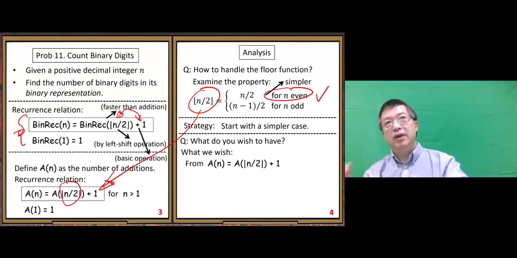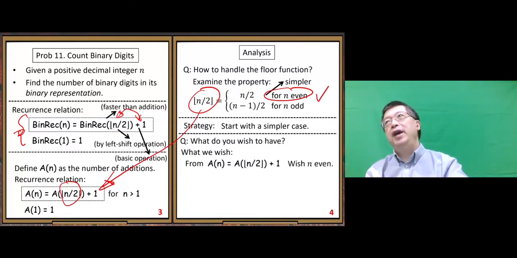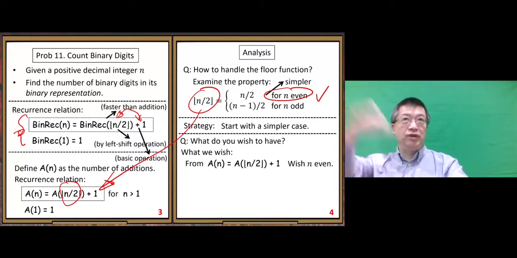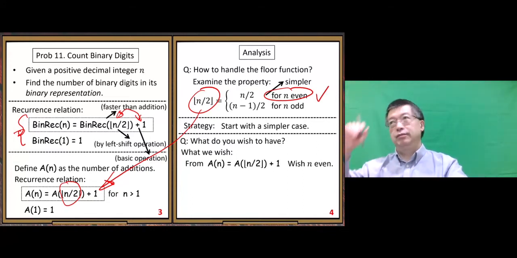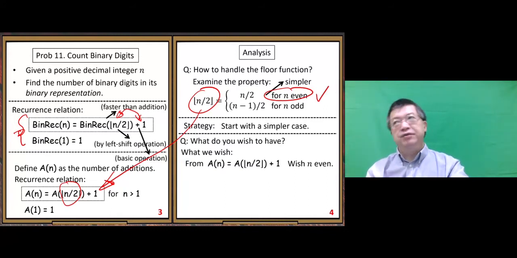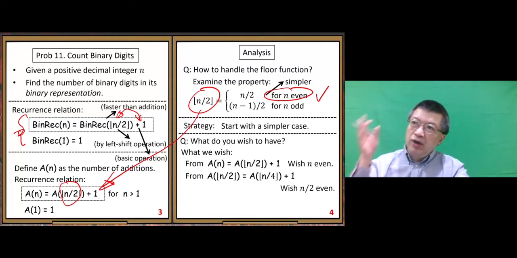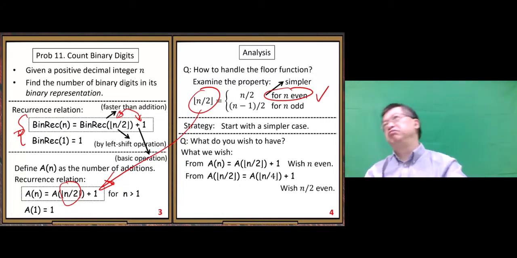The first time we use the recurrence relation, we wish n even. Then there is no fraction when we do division by 2. Nothing to worry about. That is our first wish, but it's not enough. We need to apply the recurrence relation another time. So our second wish is that n over 2 is also even.